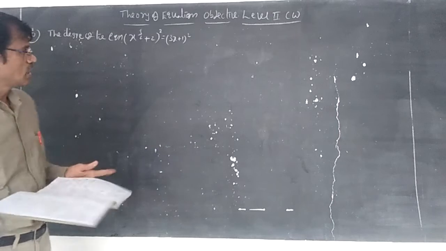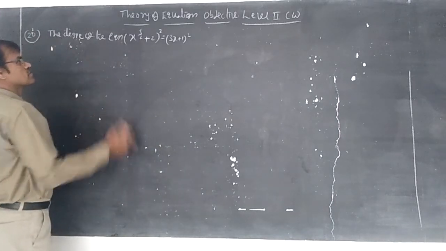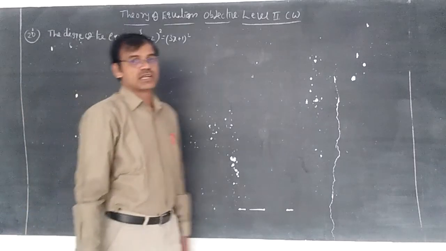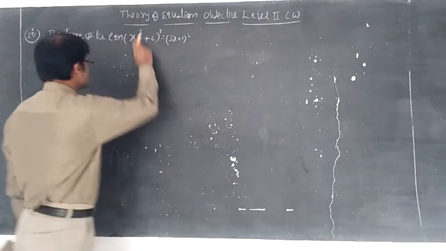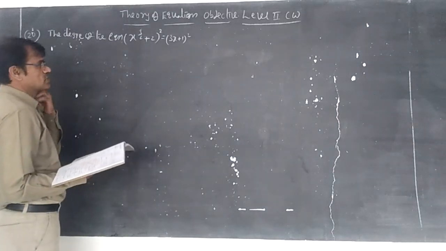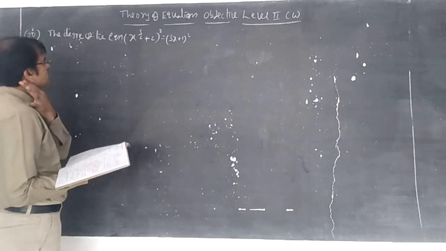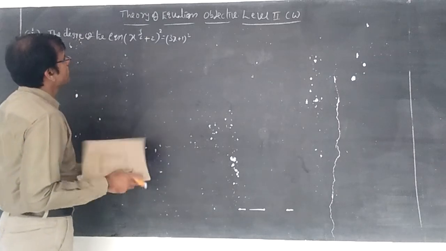So degree means the largest exponent of the variables after deleting the radical signs. Radical sign is like 3 by 2, 2 by 3. The rational exponents are called radical signs. So here we should delete the radical sign.